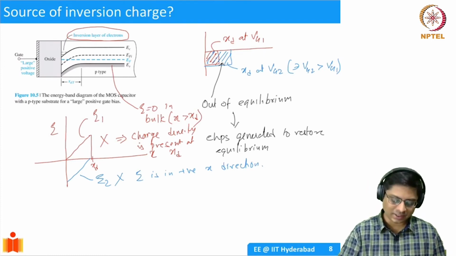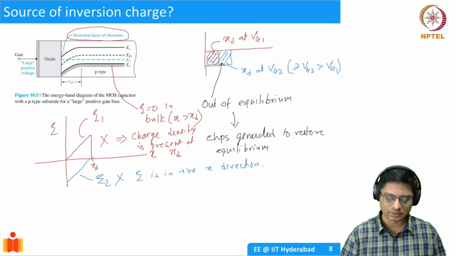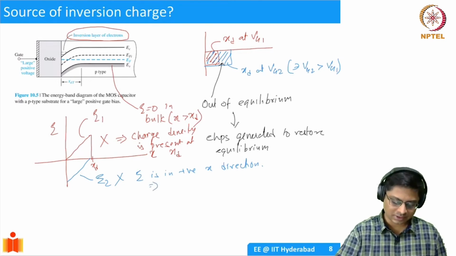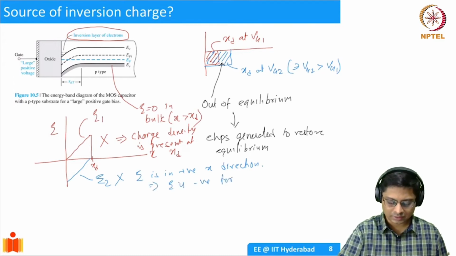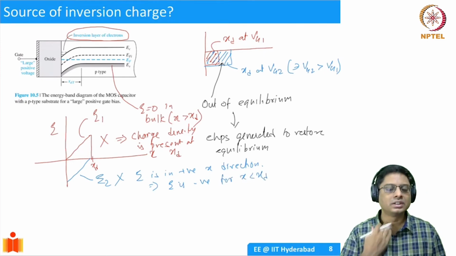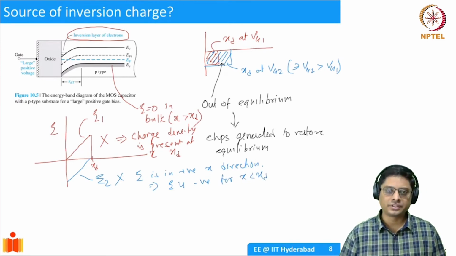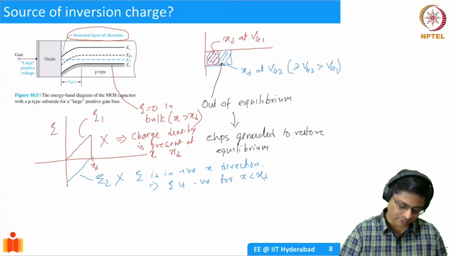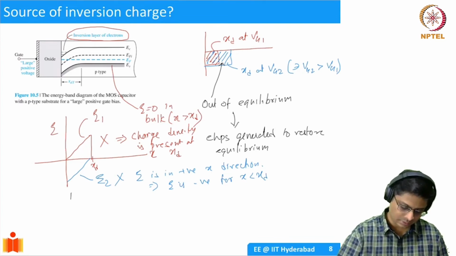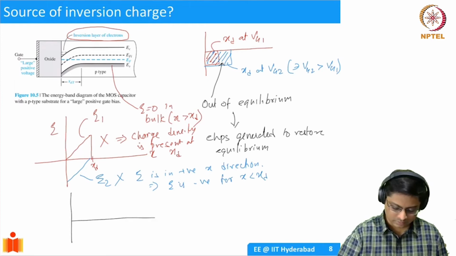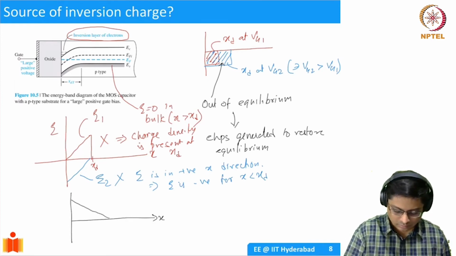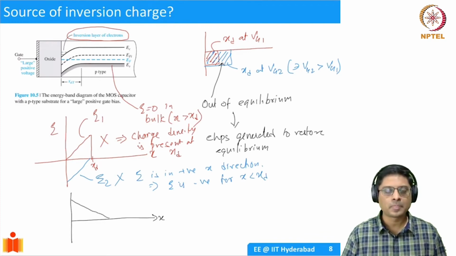For x less than XD, the E field is negative, which is also not correct. So the only logical way to have the field is this.